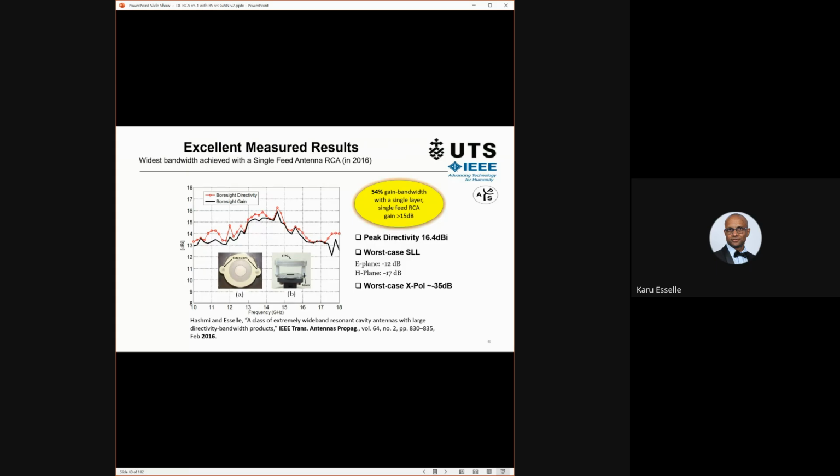No, that is wrong. We have 3 dB gain bandwidth of 54%. The peak gain is greater than 15 dBi. Actually, accurate is 16.4 dBi. That is somewhere here.